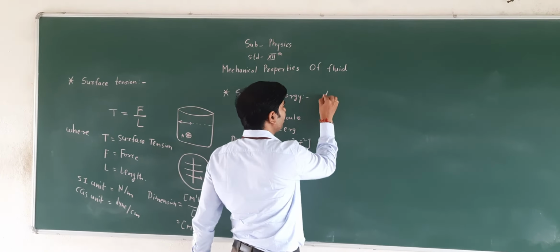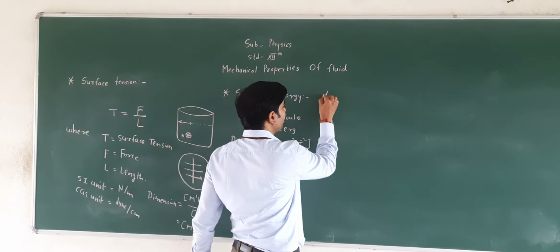So let us consider one rectangular frame PQ, P dash Q dash. This is one rectangular frame. Here you can observe that it will be open from one side.